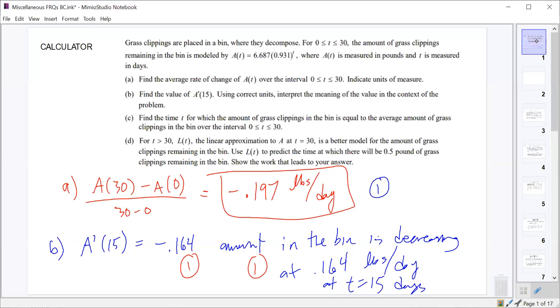All right, part C wants us to find the time for which the amount of clippings is equal to the average amount of clippings. So first off, we need to figure out the average number of clippings. This time it's the mean value theorem for integrals.